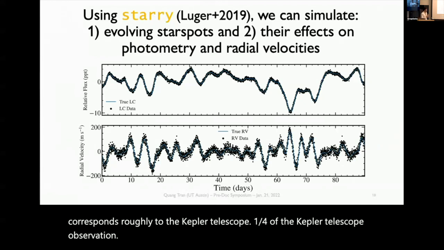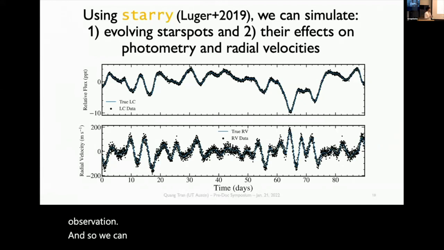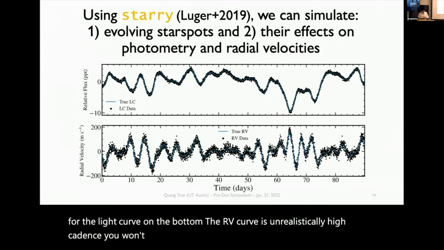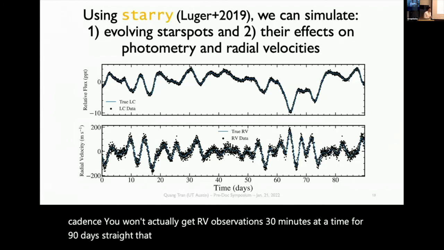And so we can simulate essentially what real data might look like, at least for the light curve. On the bottom, the RV curve is unrealistically high cadence. You won't actually get RV observations 30 minutes at a time for 90 days straight. That's not how that works, at least not for ground-based observations.